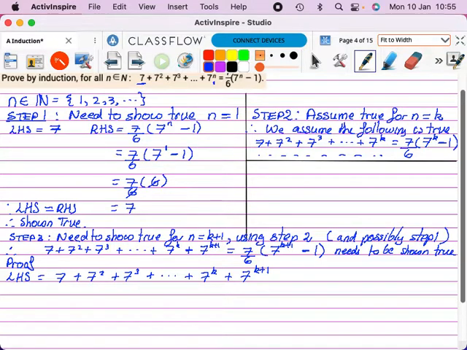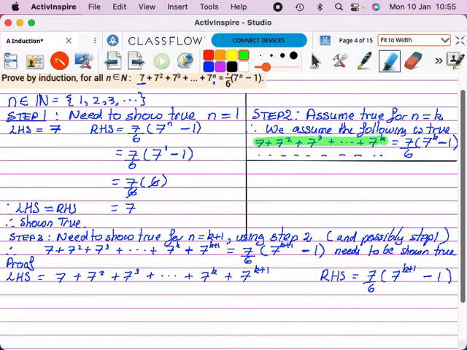And what I'm trying to do is manipulate it to show that it's equal to what the right-hand side is, 7 over 6, open bracket, 7 to the power of k plus 1 minus 1. But I have to use step 2. So what is step 2?